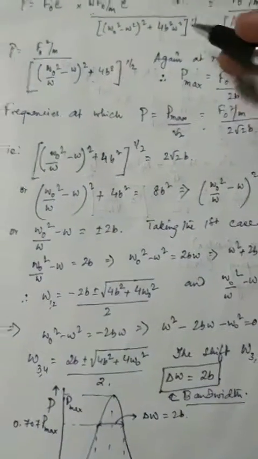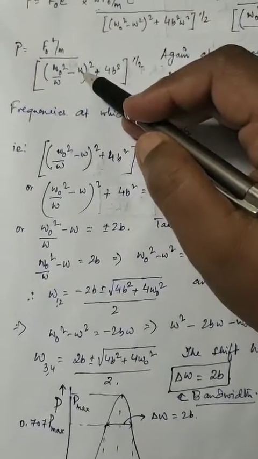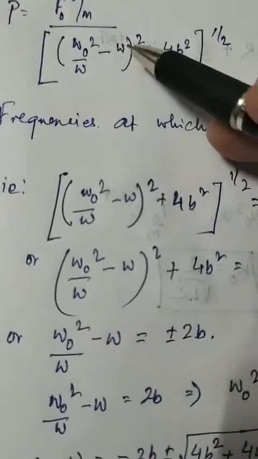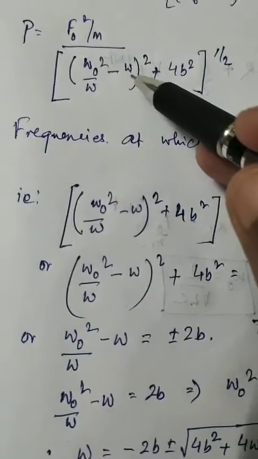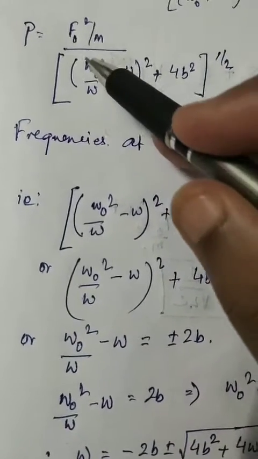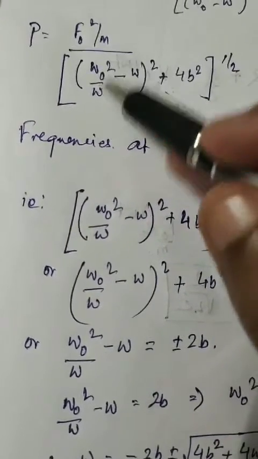So this is the power. What is the maximum power? Maximum power is when I put omega equal to omega naught, that is, the applied frequency is equal to omega naught. If I put omega naught over here, you will have omega naught minus omega naught, so this will be 0.